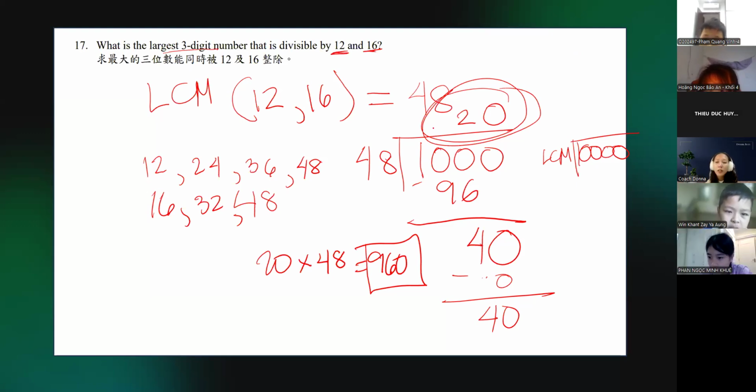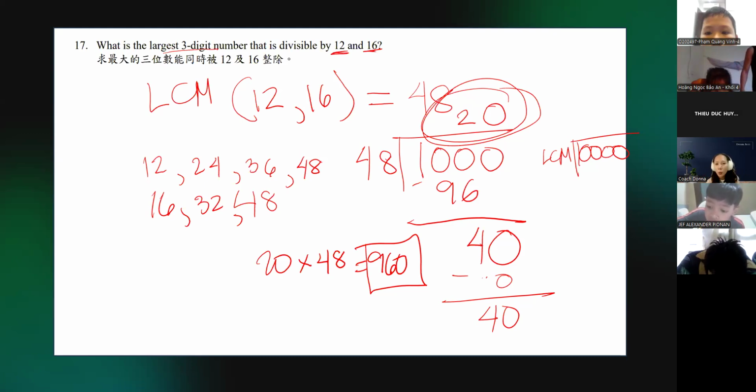Then if there are two prime numbers that are the same, you only choose one, and the other things go. I don't quite understand what you meant by that, Win.